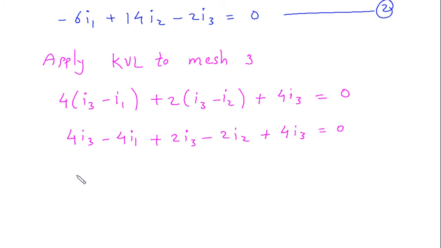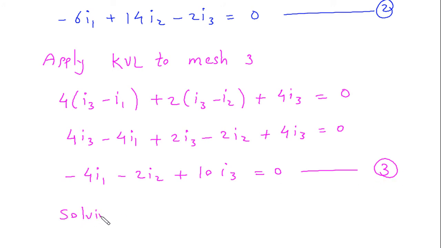So this will be minus 4I1, then this will be minus 2I2, and this will be 4 plus 2 is 6, 6 plus 4 is 10, plus 10 I3 is equal to 0. Let's say this is equation number 3.